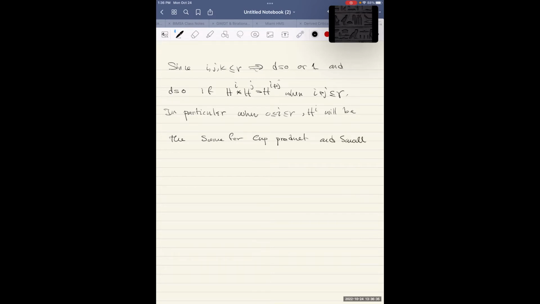If we take the quantum product of H^I with itself many times, when I is less than R, it will be the same as the intersection product of H^I with itself, and a small quantum product.